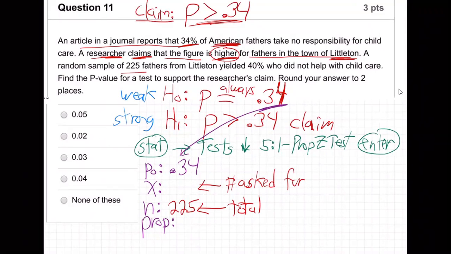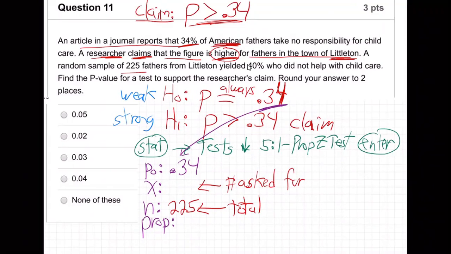Would it be 40% and you change it into a decimal? Well, it's not going to be a percentage. Yeah, in the chat, Coda's got it right. It's 40% of 225. Do you see what they're saying?